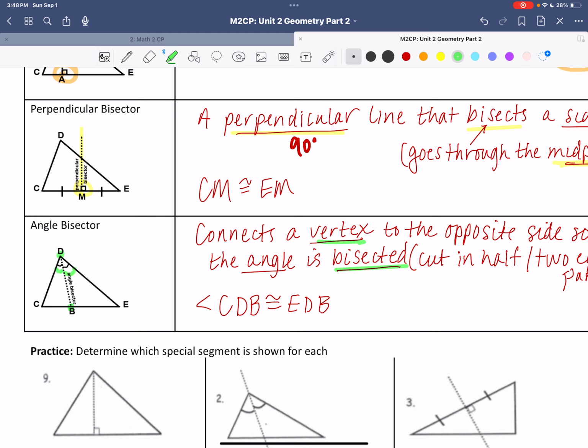So angle CDB, and you have to read it in that order, CDB is congruent to EDB. So EDB right here.